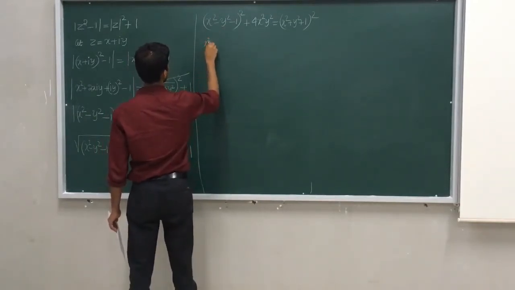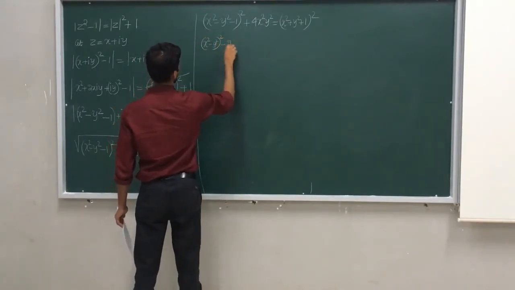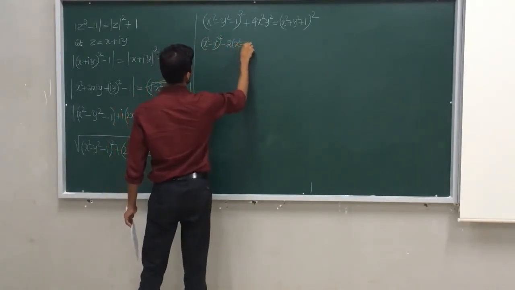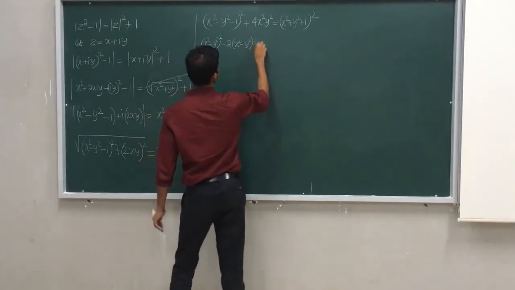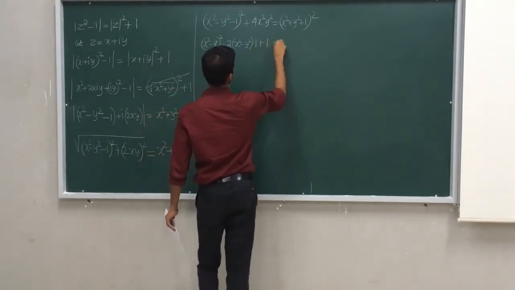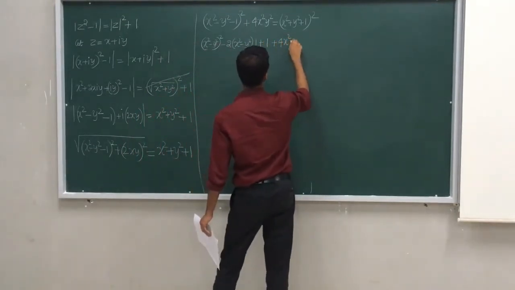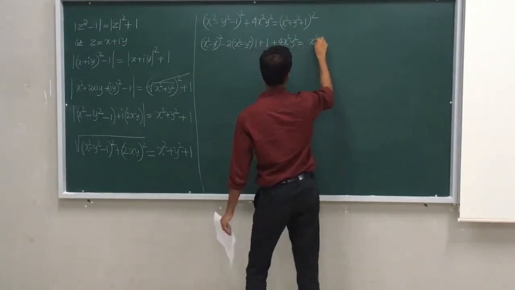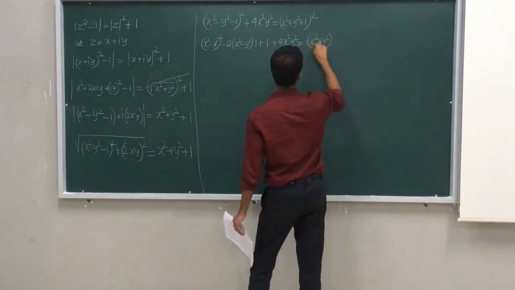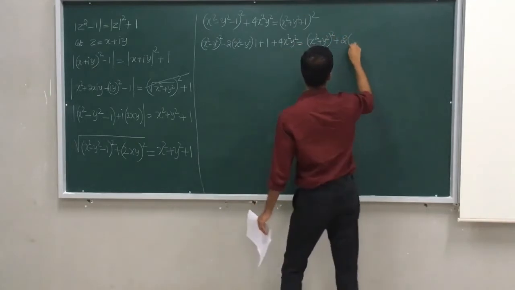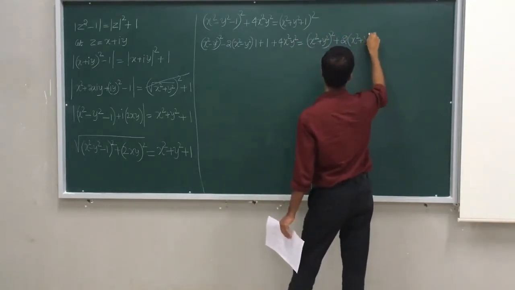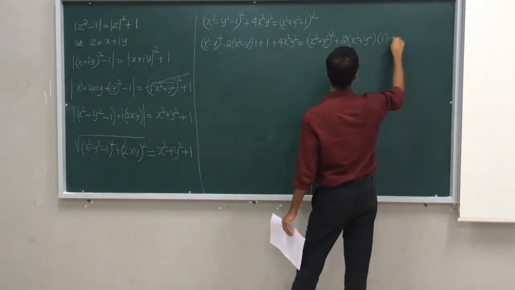I'll write a as x² − y², so this is a², minus 2ab plus b², plus 4x²y², is equal to a² plus 2ab plus b².